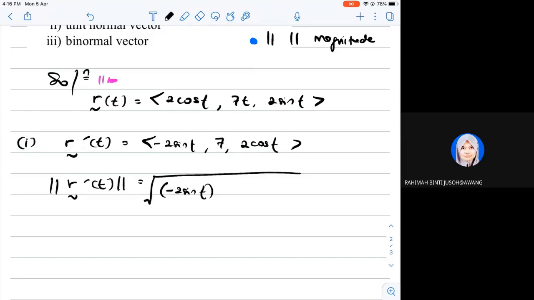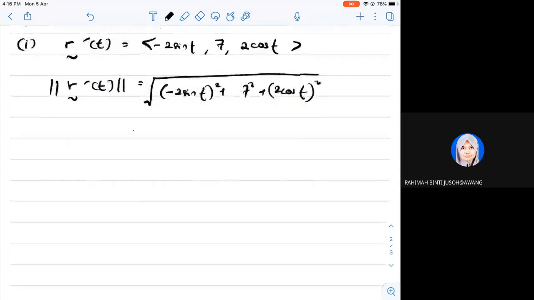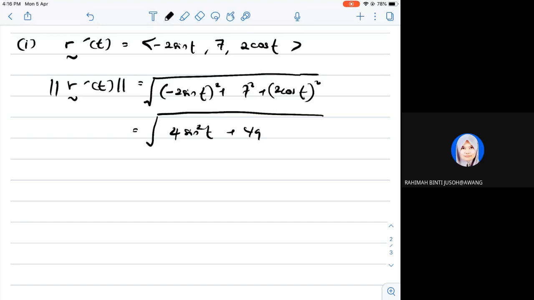So negative 2 sin t squared plus 7 squared plus 2 cos t squared. Okay, so now we will have 4 sin squared t plus 49 plus 4 cos squared t. Now as we can see here, the coefficient for sin squared and cos squared are the same, so we can factor out the 4.